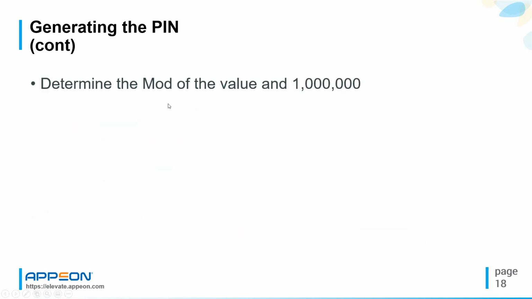Okay, now we're going to take the mod of it, and this is the value we get left. So the mod is when you divide this by this, what remains after you do that division. And so we get this value, this section right here, 908,948. That's what the mod will be.